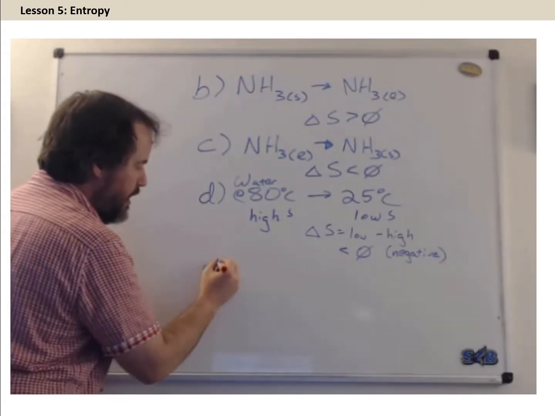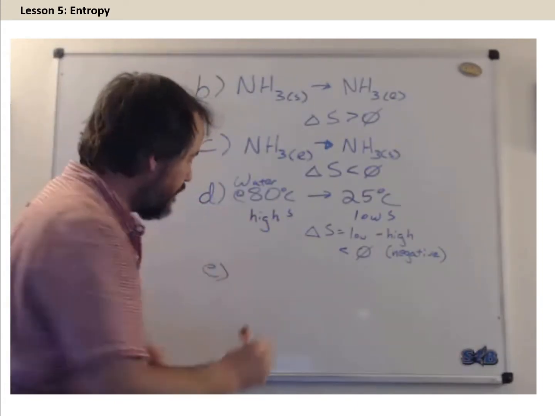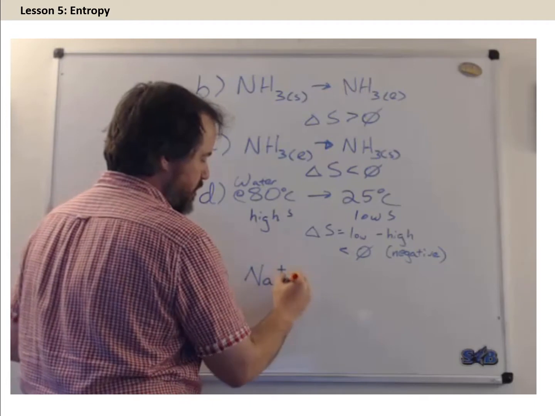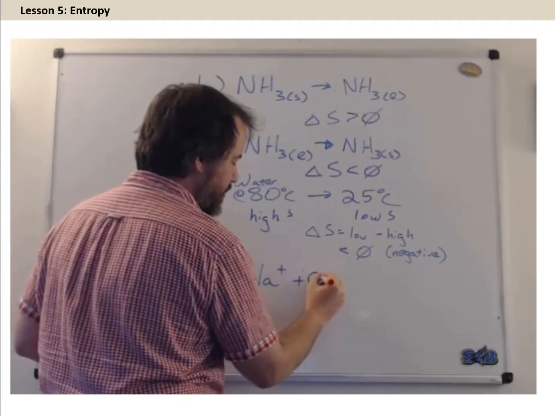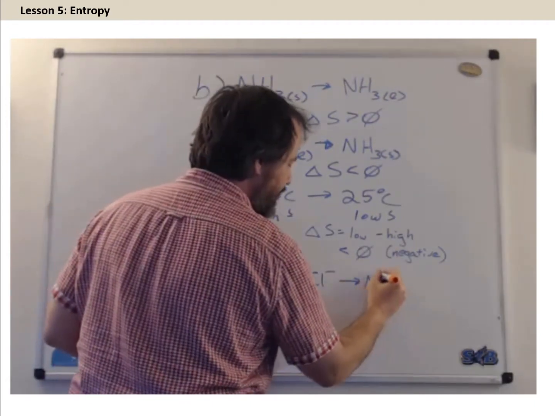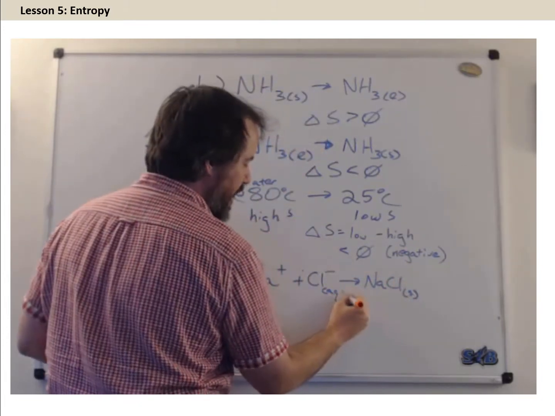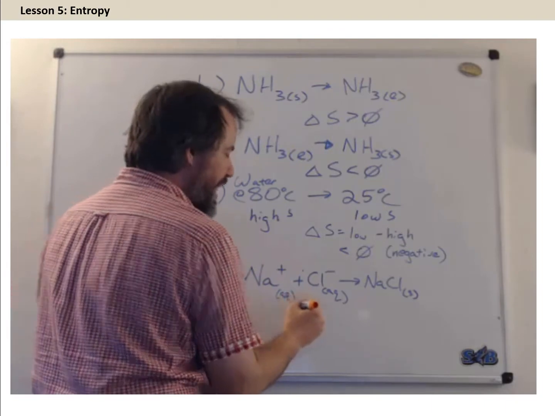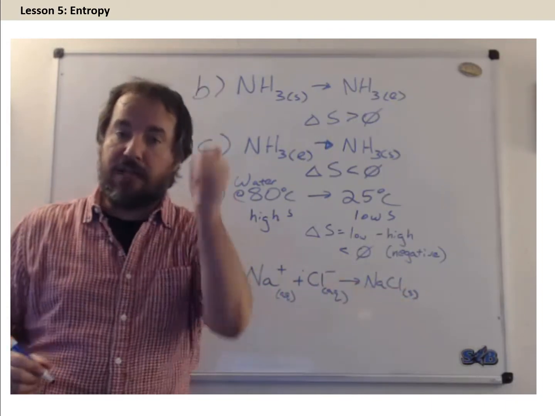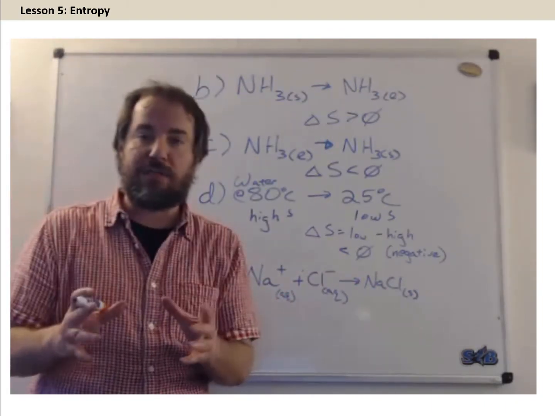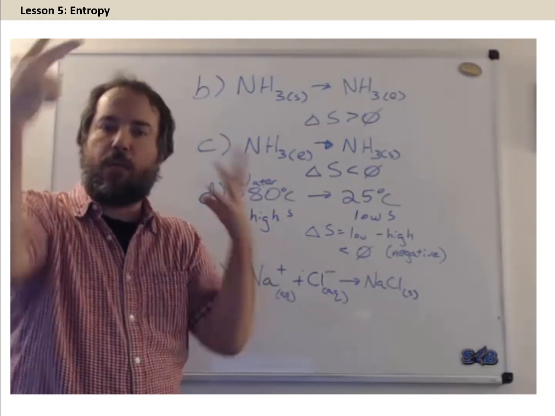Let's do E. In E, we're going from Na plus and Cl minus to NaCl. NaCl is solid, and these ions are aqueous. So we're going from aqueous to solid. Let's remember what aqueous means: ions inside water.